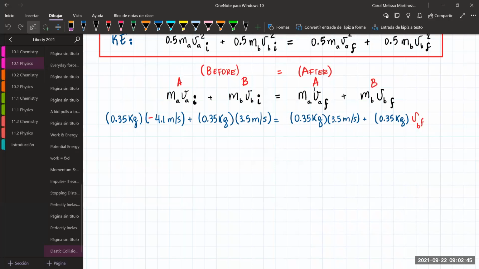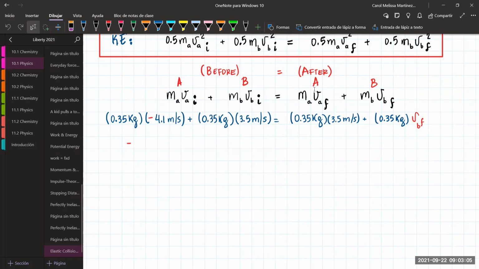Okay, now all I have to do is solve each multiplication separately. How much do you get in the first multiplication? Negative 1.435. Can you give me all the decimals? Because that is an exact decimal.